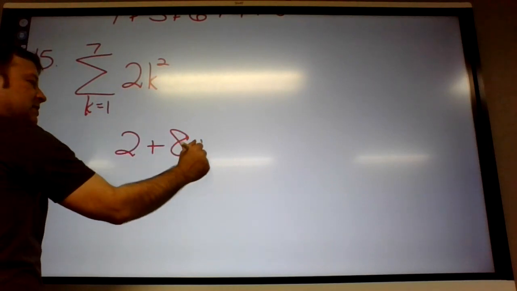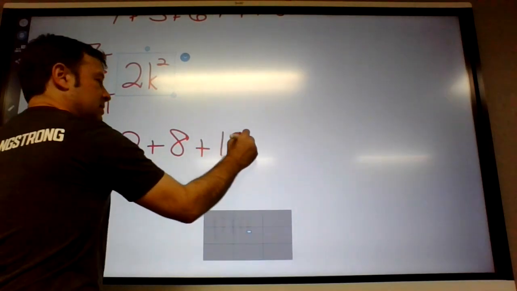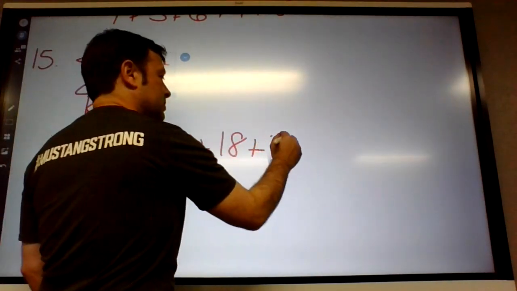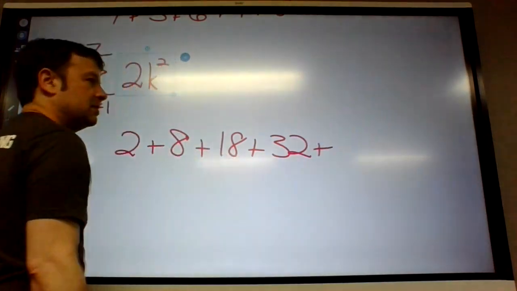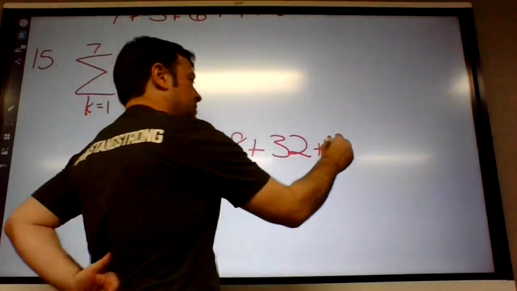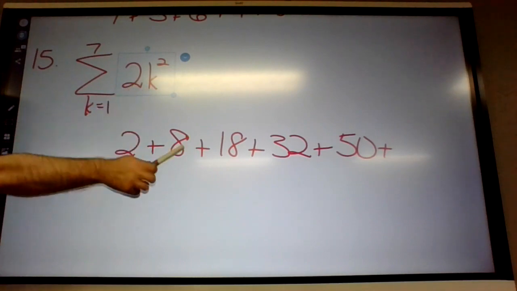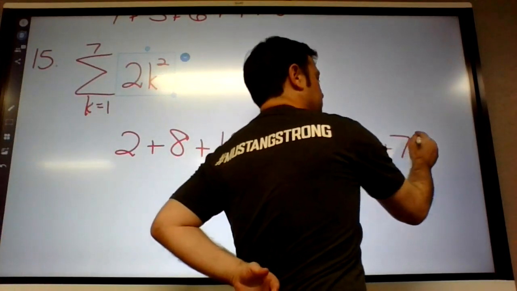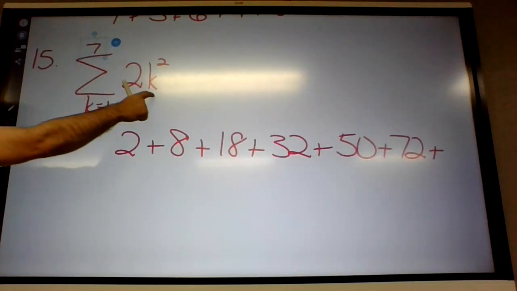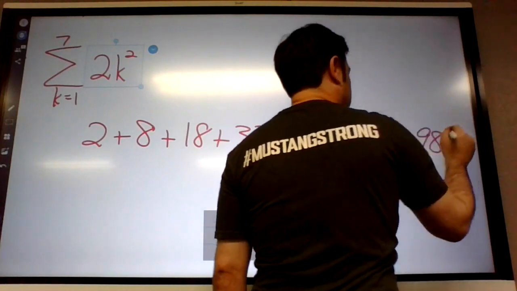If I plug in 3, 3 squared is 9 times 2. 4 squared is 16 times 2. 5 squared is 25 times 2. 6 squared is 36 times 2, 72. And the last one, 7 squared is 49 times 2, 98.